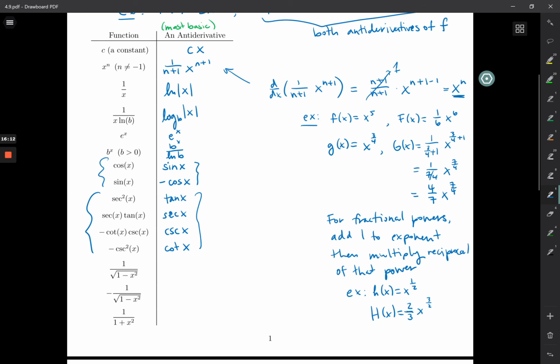And then the others are derivatives of the inverse trig functions. So we are just going to get as antiderivatives the inverse sine, inverse cosine, and inverse tangent.